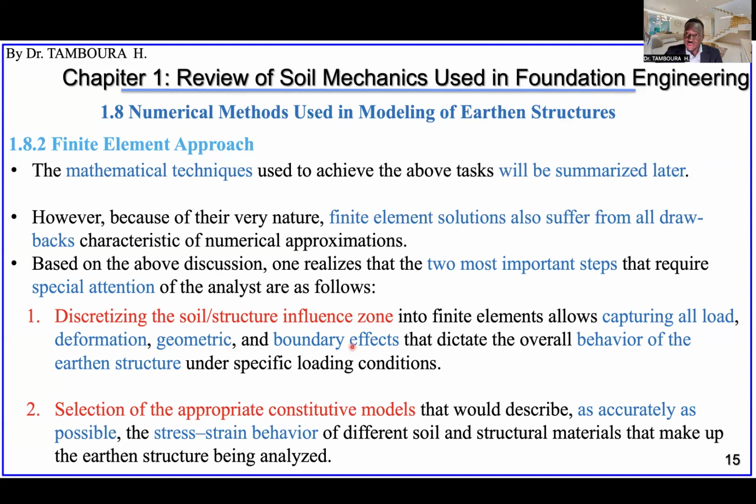So there are a lot of constitutive models. Some software have several constitutive models, so you have to choose the one that is appropriate for your situation, for your problem.